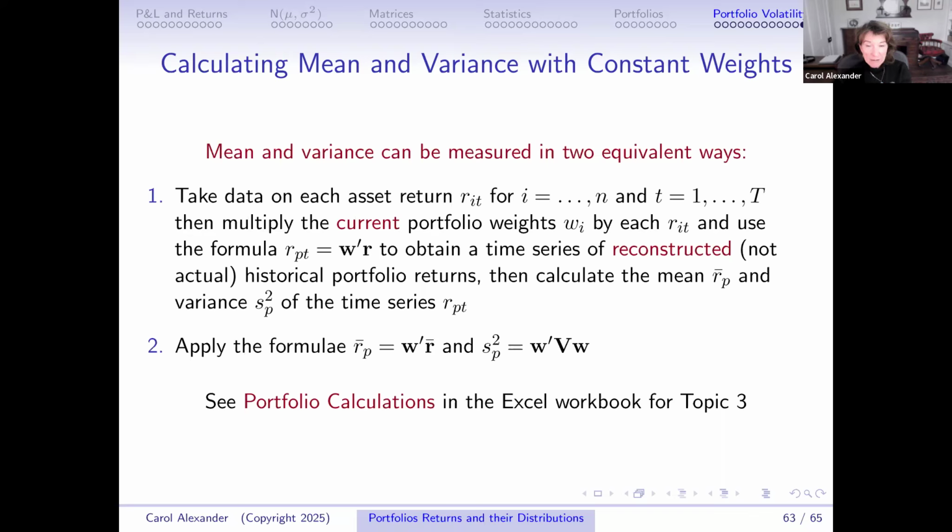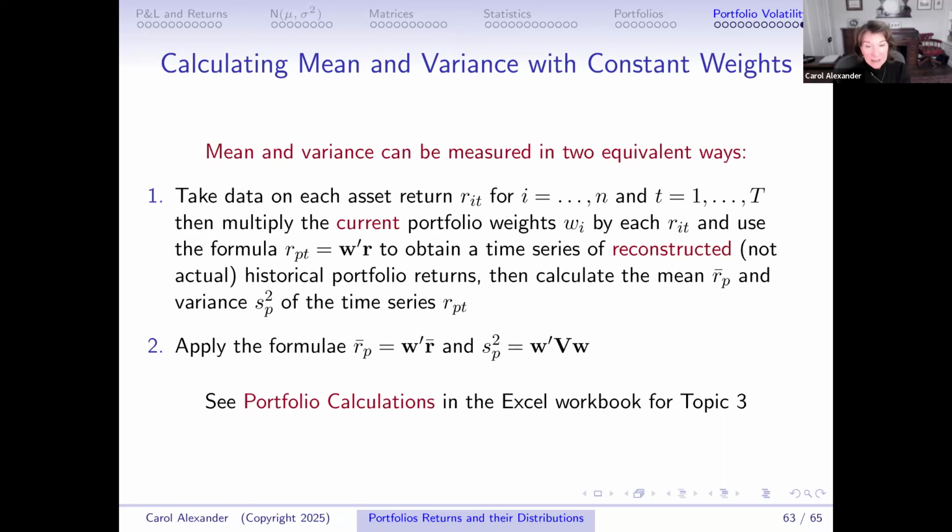So each of the R in the vector is R_it. So it's going to be the return on portfolio at time t. And then we'll just get the reconstructed, they're not the actual, they're hypothetical historical portfolio returns, assuming that we always have the same weights as we have today. And then we just use equals average and equals var to get the mean and the variance of the time series. So we can do that.